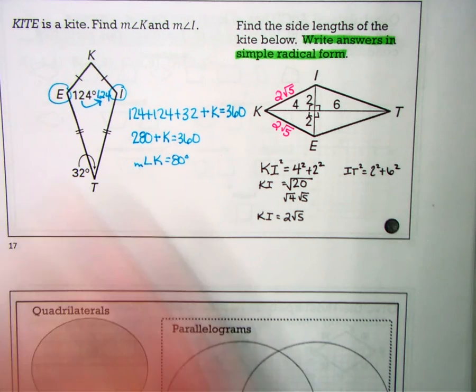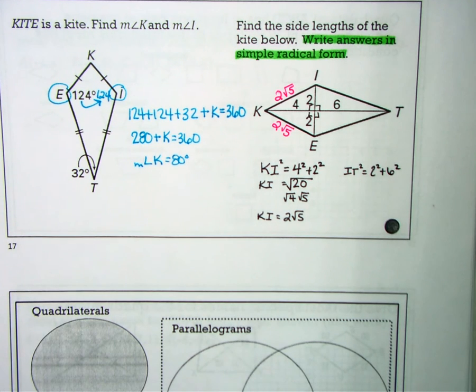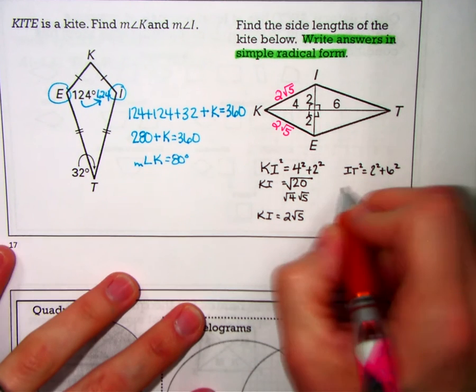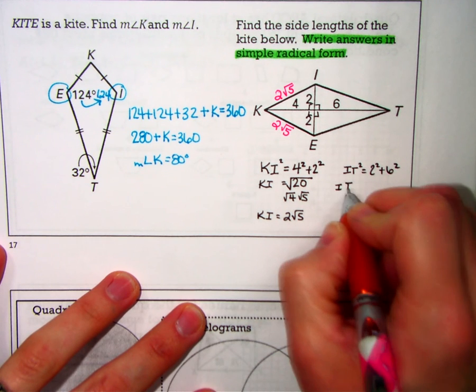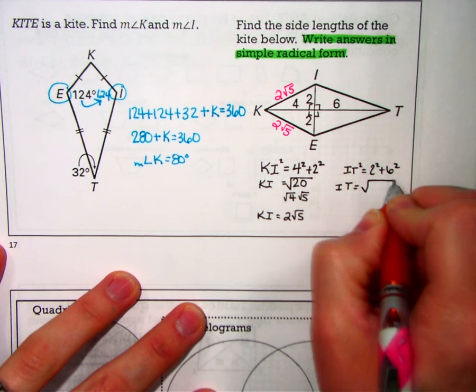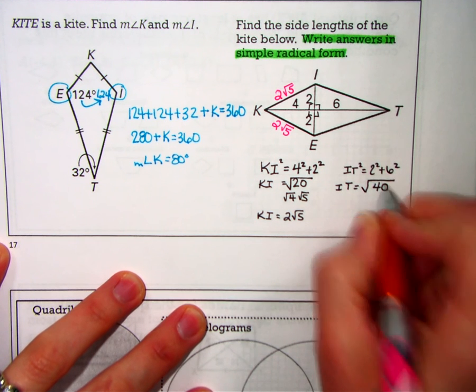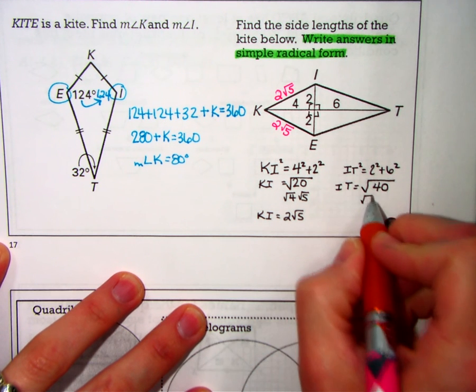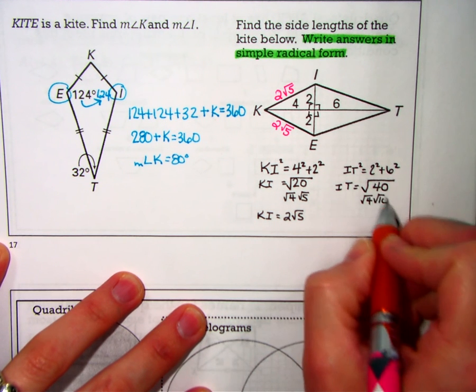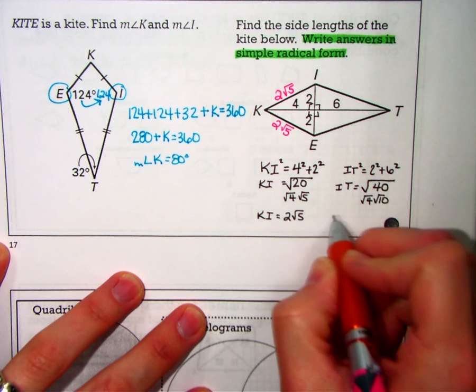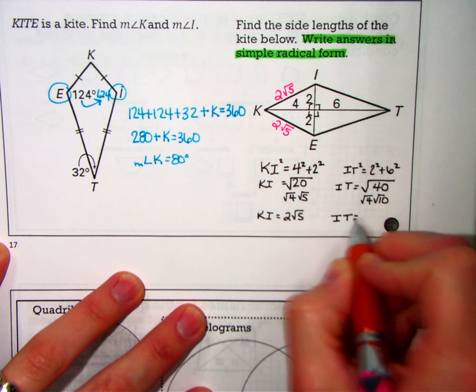And again, you can type that into your calculator if you need to, but remember the simplifying part, that's the part we have to do. So IT is the square root of 36 plus 4, which is 40, which is 4 and 10. So IT is 2 radical 10.